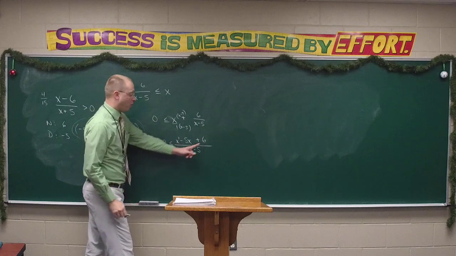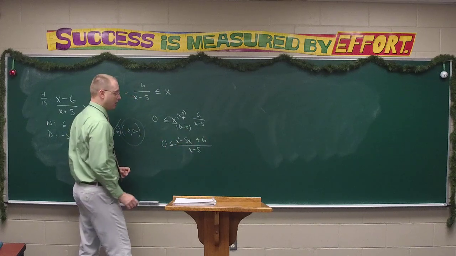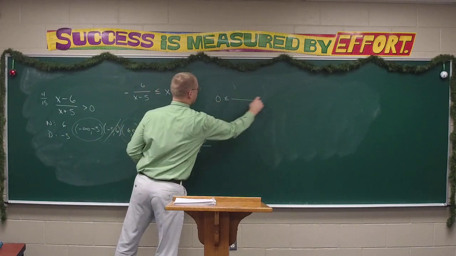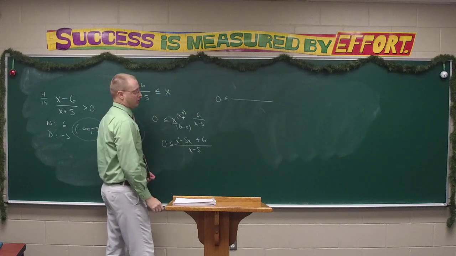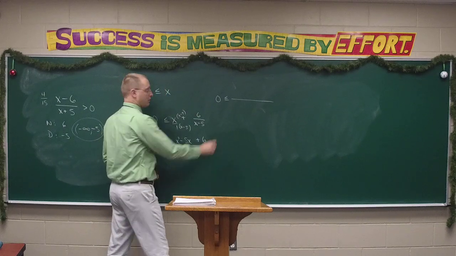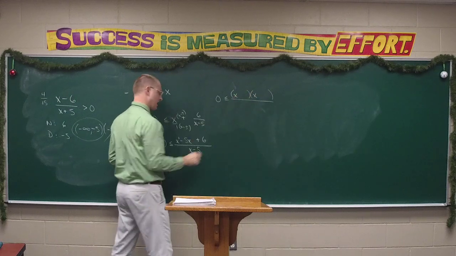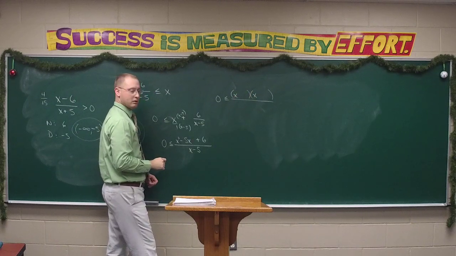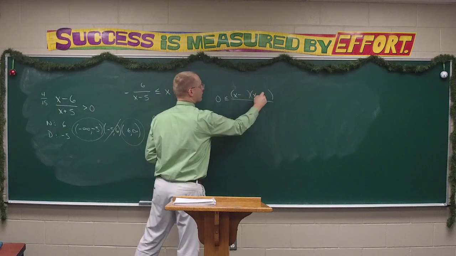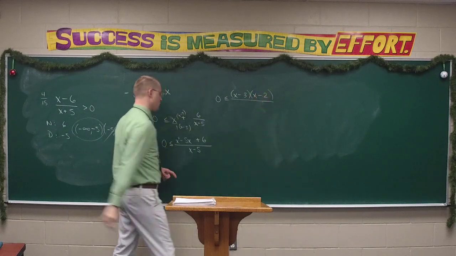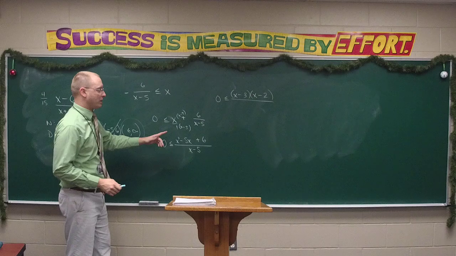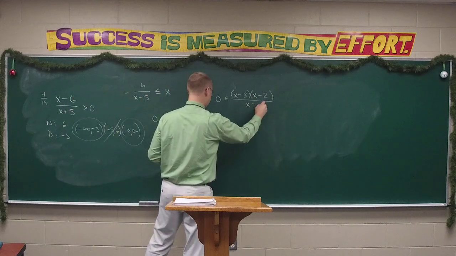And of course, we'll want to do what with the numerator polynomial? Factor it. So 0 is less than or equal to x minus 3 times x minus 2. You are right about the x and x. What about our signs? Same, minus. You are right about the 3 and 2, though if they had been alternate, we would have needed a 6 and 1 to get the 5. All over x minus 5.